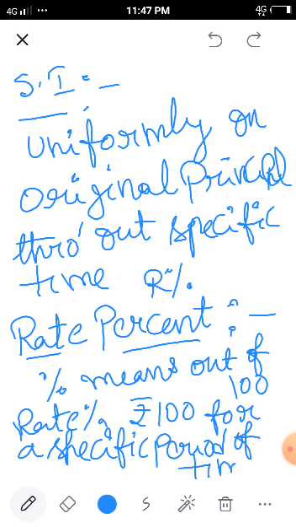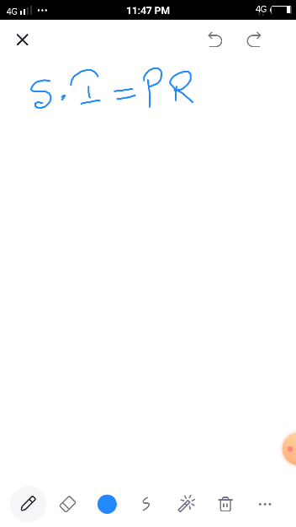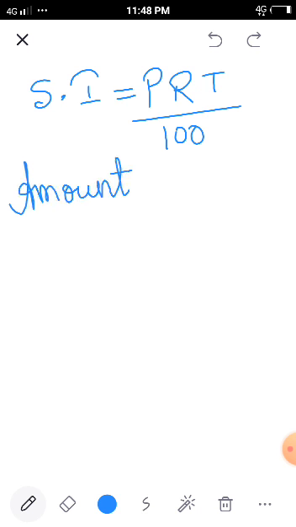Now, there is a formula for simple interest, that is SI, simple interest, equals P principal, R rate percent or rate of interest, T time period, upon 100. This is the simple interest formula. And now the amount formula: amount equals principal plus simple interest.